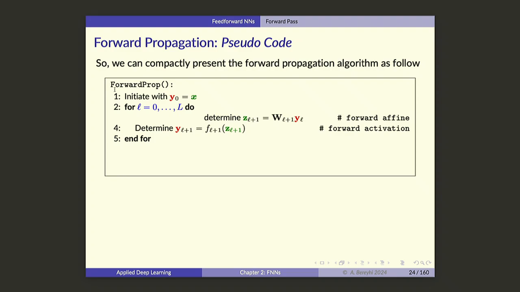I calculate this z value, the affine transform, and then I just do the activation. I just pass every single entry of this vector z through that activation function, right?